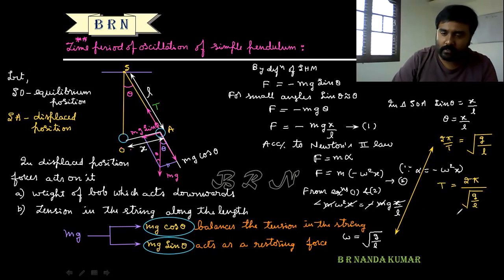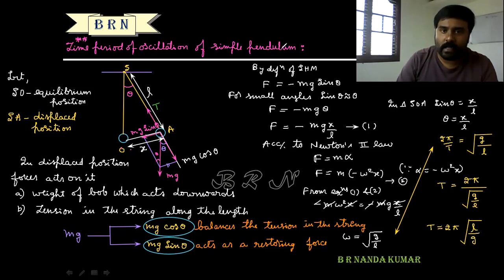So finally, we get T is equal to 2 pi, and the root g by L is shifted to the numerator. So what happens? Root L by g, right? T is equal to 2 pi root L divided by g.